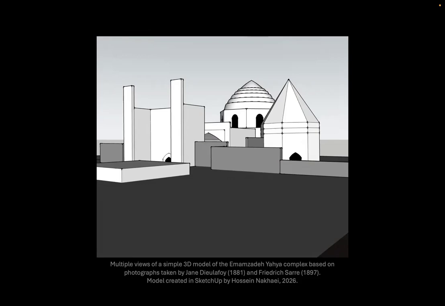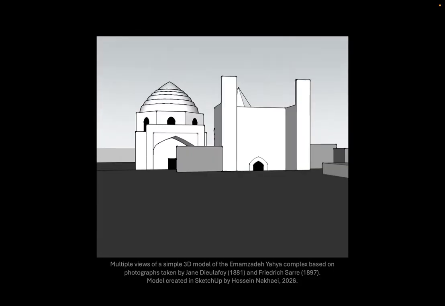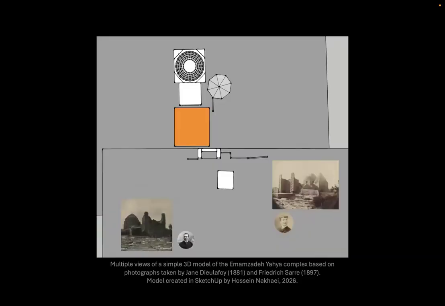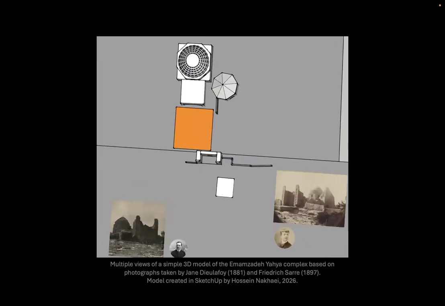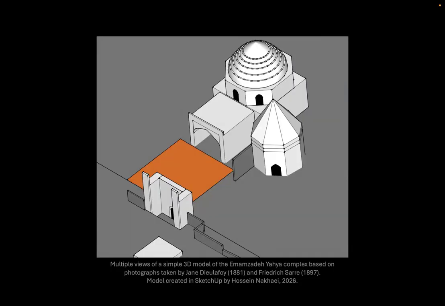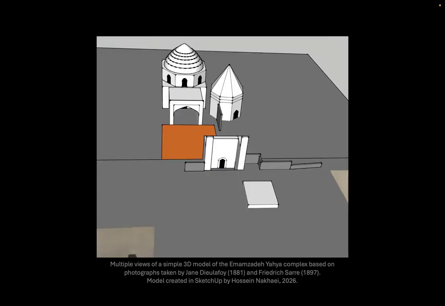Rather than functioning merely as visual reconstructions, such models operate as an analytical tool that makes it possible to test spatial relationships, identify inconsistencies, and generate new questions from fragmentary evidence. In this process, historical photographs become more than documentary images. They function as repositories of spatial information that can be critically re-examined through digital modeling.